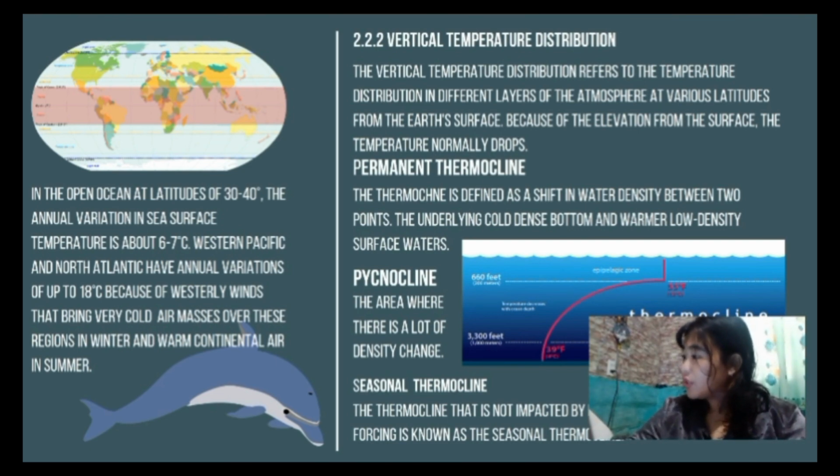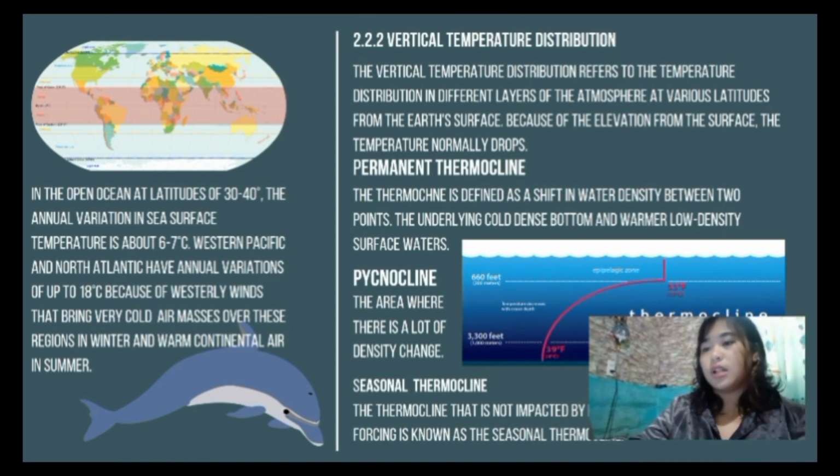The daily variation in surface temperature in the open ocean is less than 0.3 degrees Celsius, and it's impossible to perceive at a depth of 10 meters.